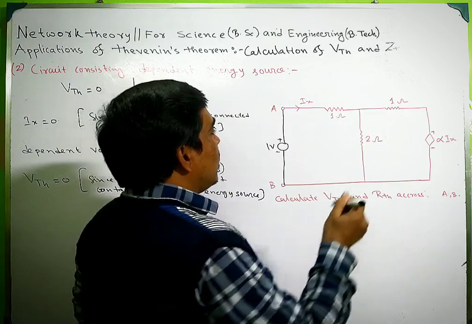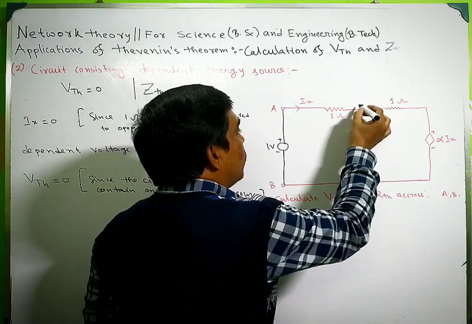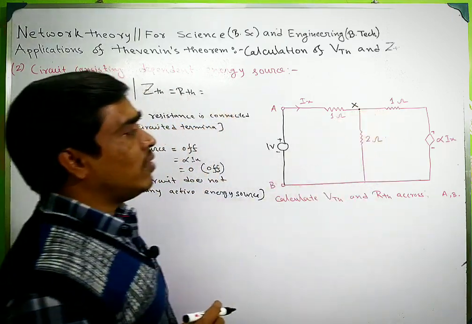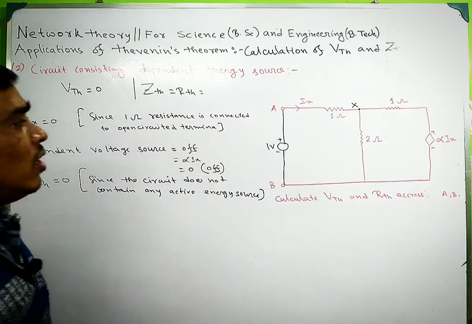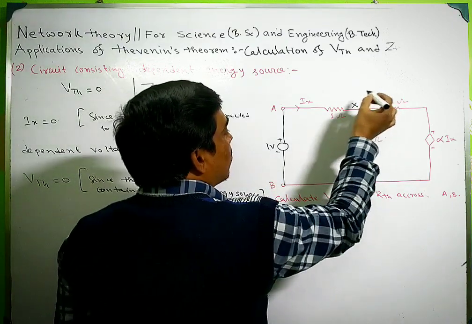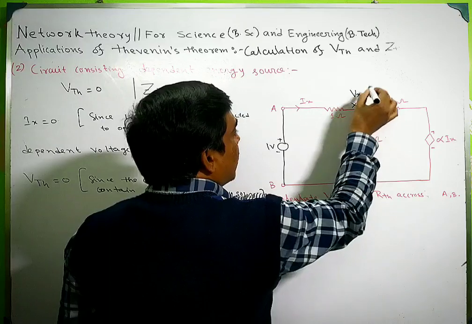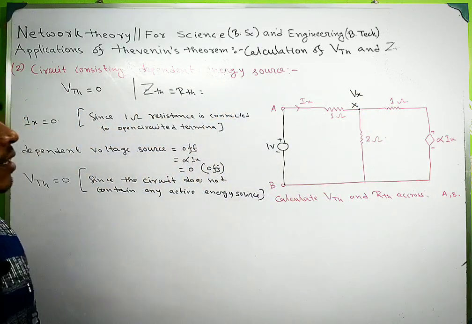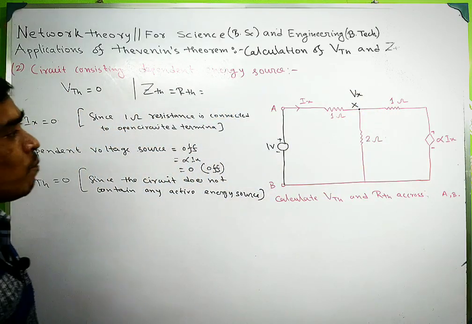Now this is a node. Suppose this node is X, and this node voltage is Vx.